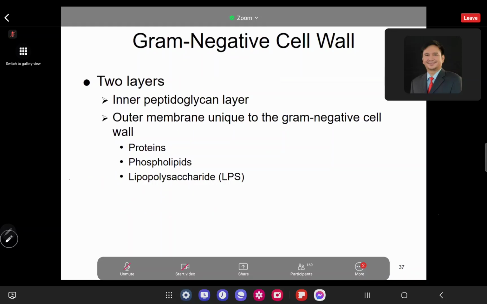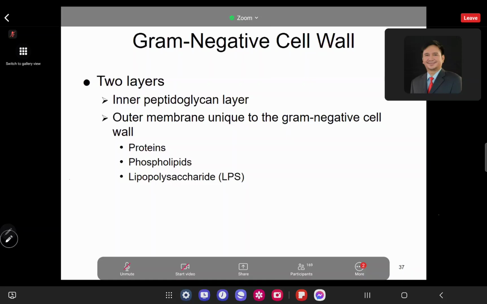On the other hand, the gram-negative cell wall is distinct from its gram-positive counterpart due to the inner peptidoglycan layer, which is thin but still can provide structural support. Unique to gram-negative bacteria, this cell wall contains an outer membrane. What is the composition of the outer membrane?